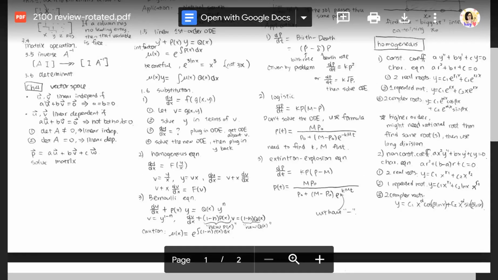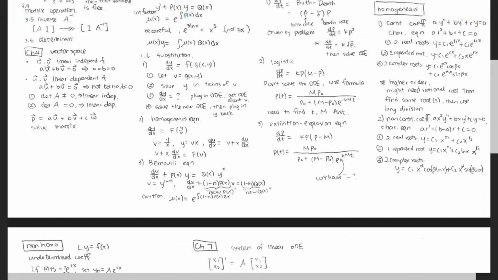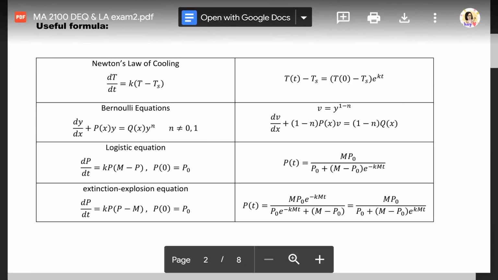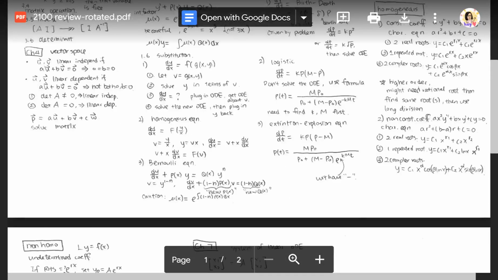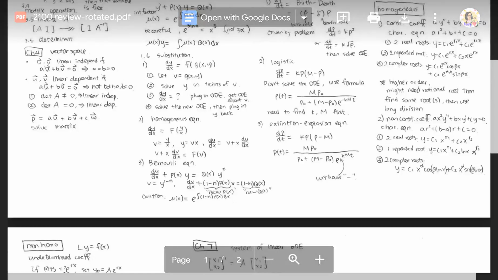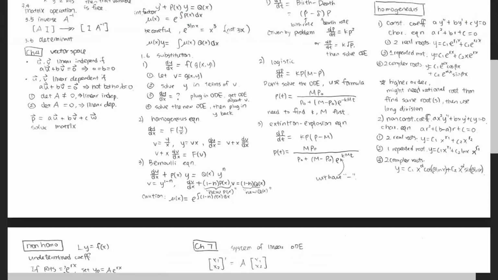Okay. And then the third model, we have the extinction and explosion equation. Okay, the formula will also be given in the exam. So these two equations are the same. You can use either one. They are both correct. So you also need to figure out your k, p0 and m, and then you can plug in the numbers and find p of t.